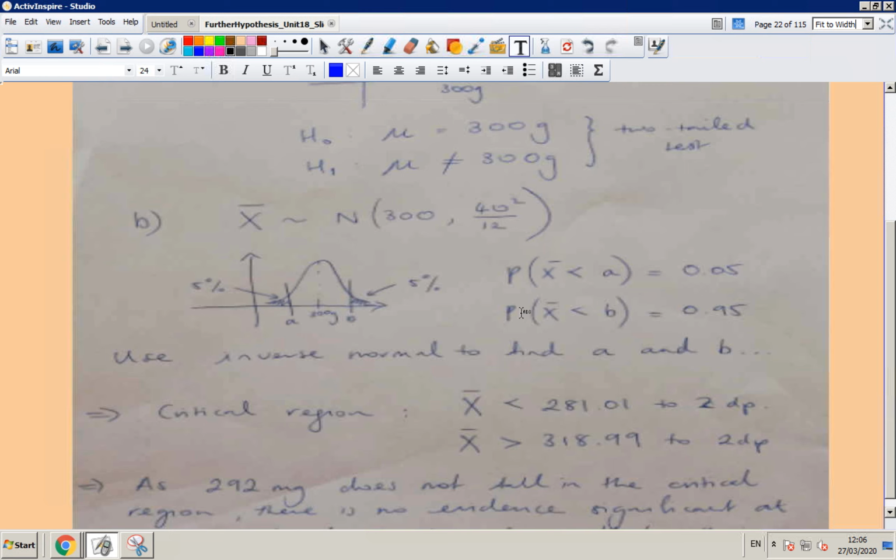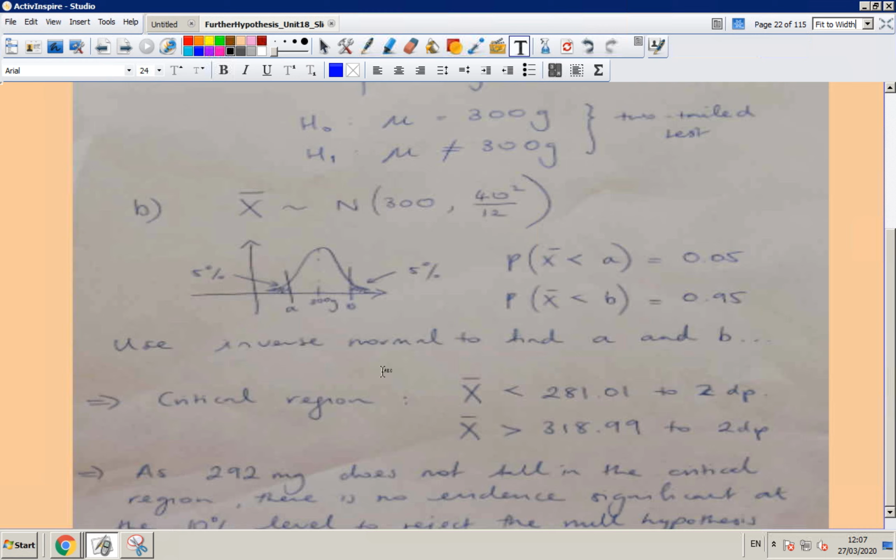And from a calculator perspective, on the inverse normal distribution, we want to find B such that the probability that x bar is less than B is equal to 0.95. Okay, so that's going to give us this value at the top end of the tail. If we put that into our calculator and find the inverse normal, the critical region occurs when x bar is either less than 281 grams or x bar is greater than 318 grams. Alright?